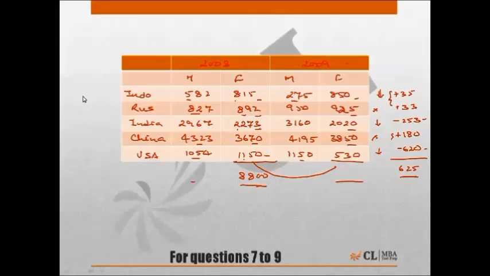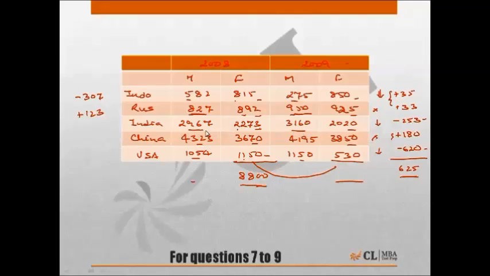In Indonesia, the number of male deaths has gone down by 307. Similarly, in Russia, male deaths have gone up from 827 to 950. So taking the midpoint of 900, this is 50 more, this is 70 less, 73 less. So it has gone up by 123. India, from 2967 it has gone up to 3160.